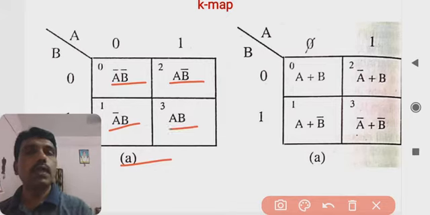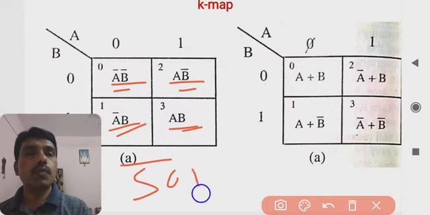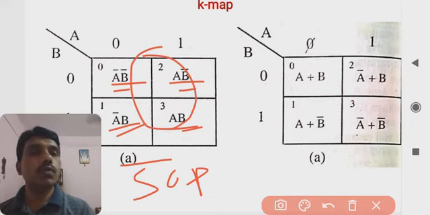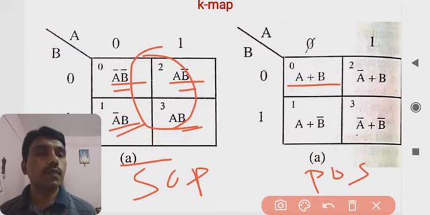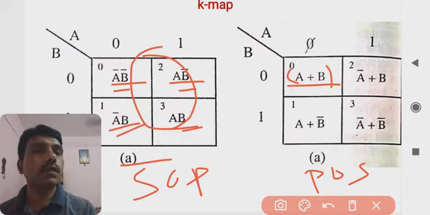These are the products, and sum of products, that is SOP, is expressed with this K map. But on the right hand side it is for the POS, product of sums. These are the sums, and the product of them will be there.